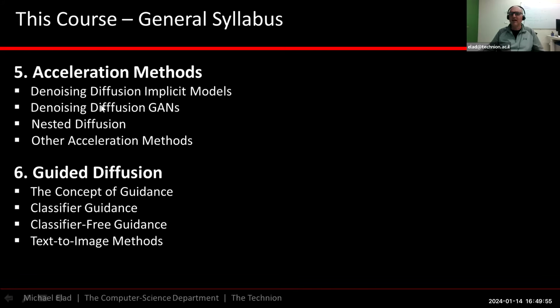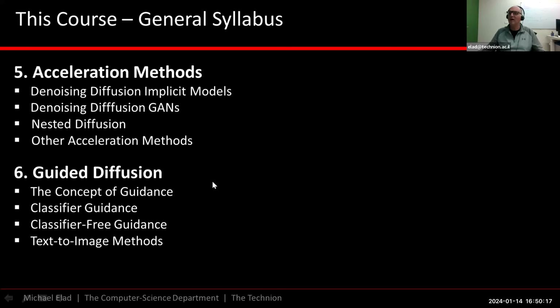We'll talk about acceleration methods, because diffusion methods, you should know, are very slow, and this is truly annoying. So people keep searching for ways to speed it up. In this chapter, we will talk, among other things, about the nested diffusion. This is the work of Noam. We'll talk about guided diffusion. This is a very important topic. It's used extensively.